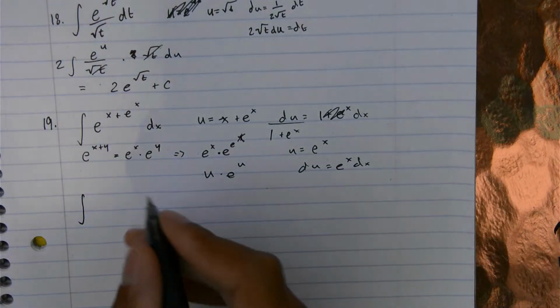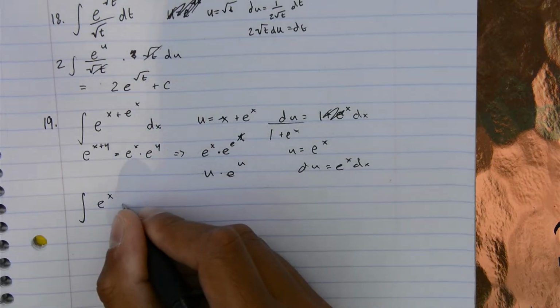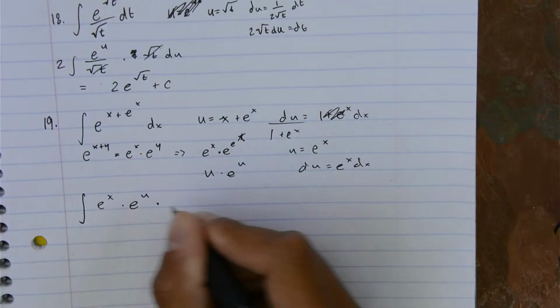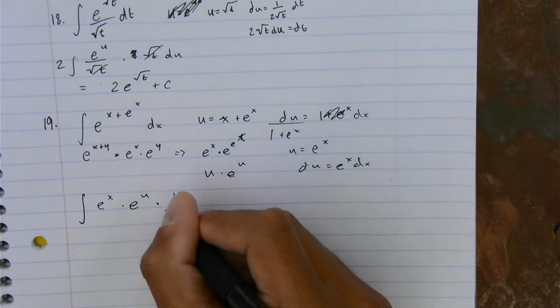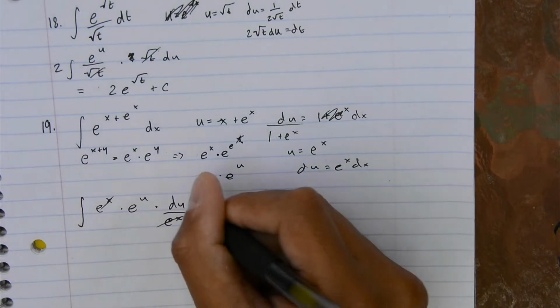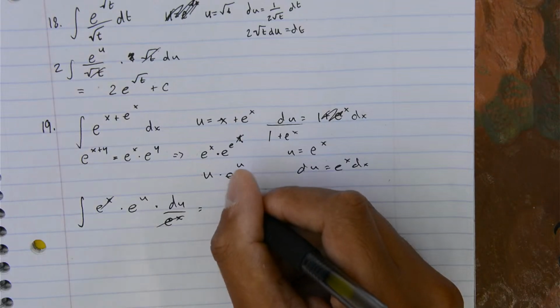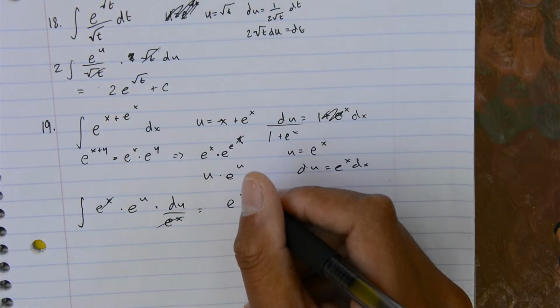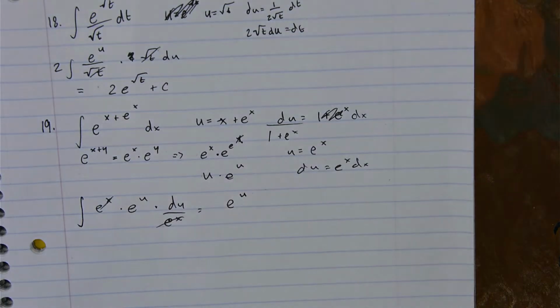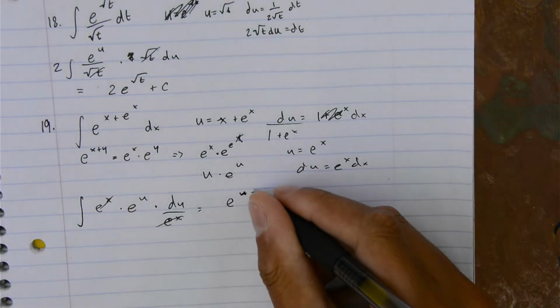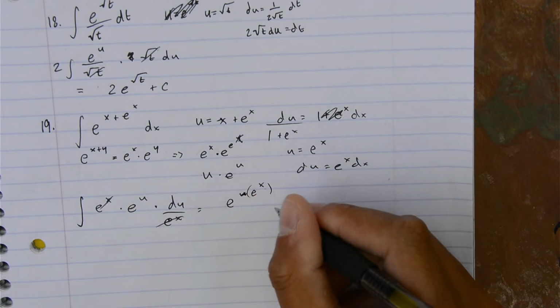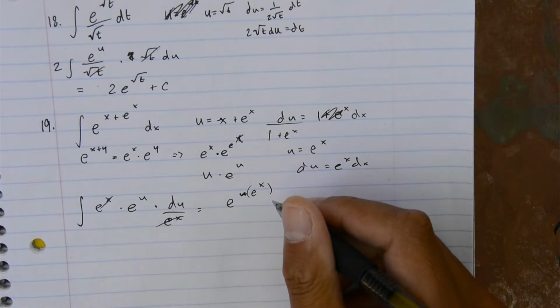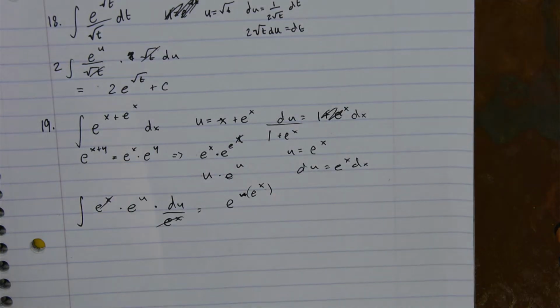So we're going to get e to the x times e to the u times du over e to the x, and then we can cancel these, and then we just get e to the u. Wait, is that right? That's crazy. So this is just going to be e to the x. Oh, wow. That's a crazy integral. Okay, so let's see.